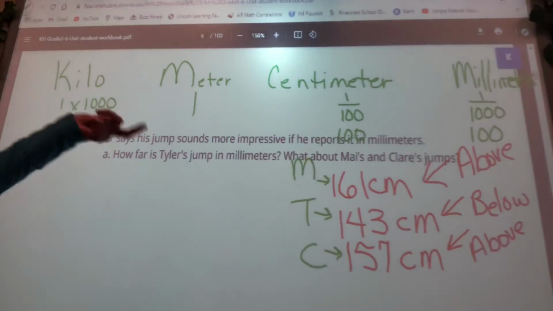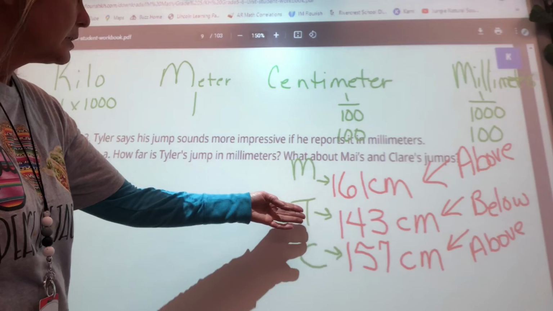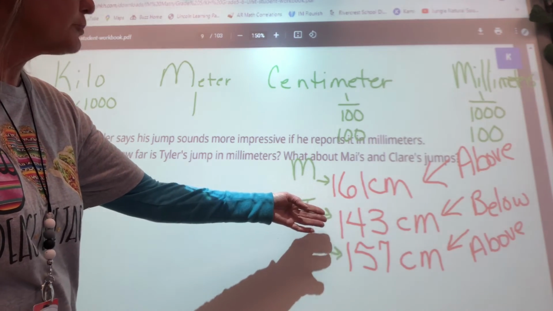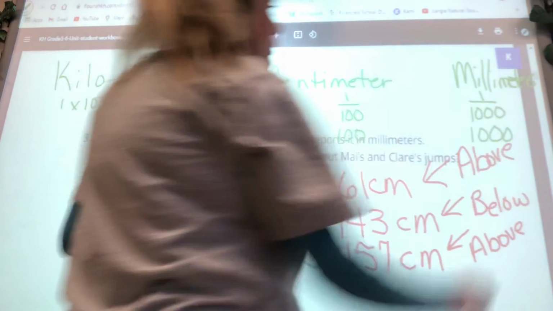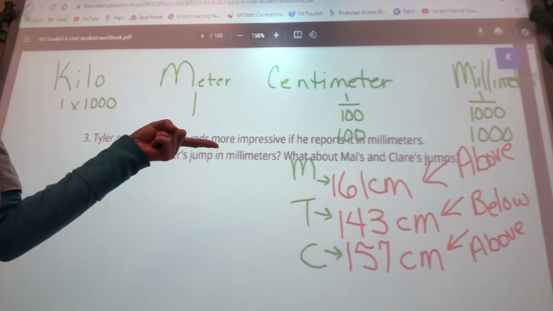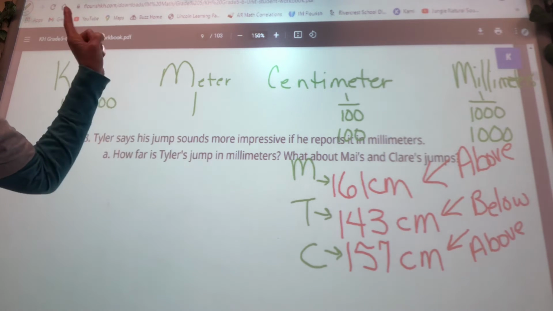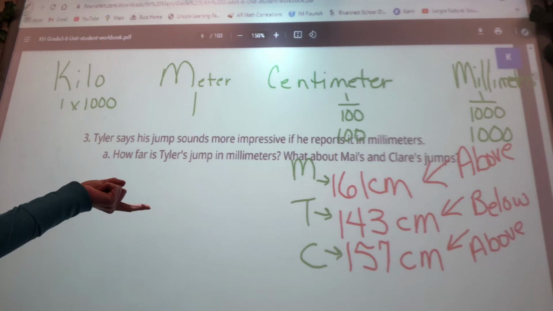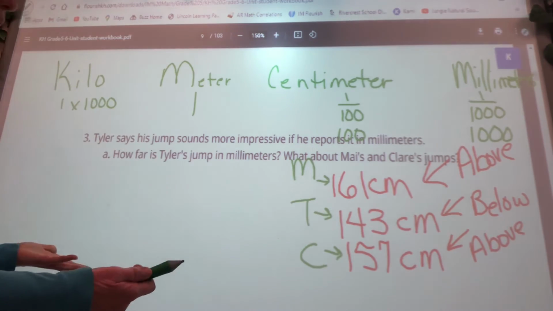So if Tyler says his jump sounds more impressive if he reports it in millimeters, well, let's look. Here's Tyler's. In centimeters, it was 143. If it takes 1,000 millimeters to equal a meter, then what was he in meters? You remember?